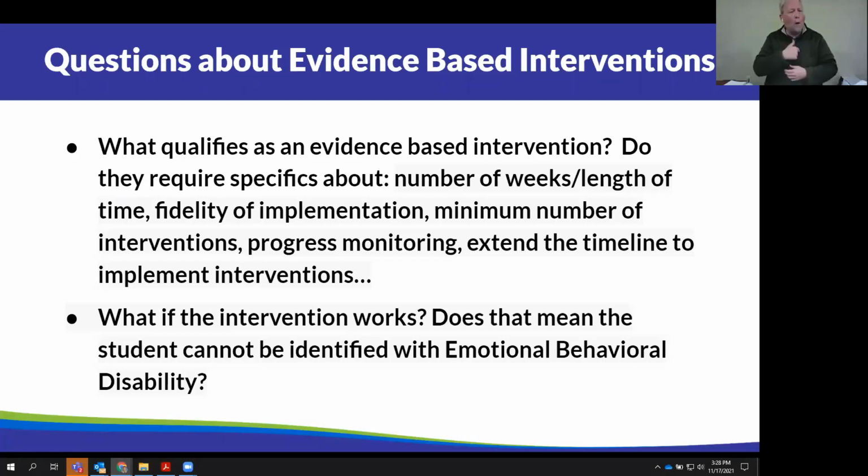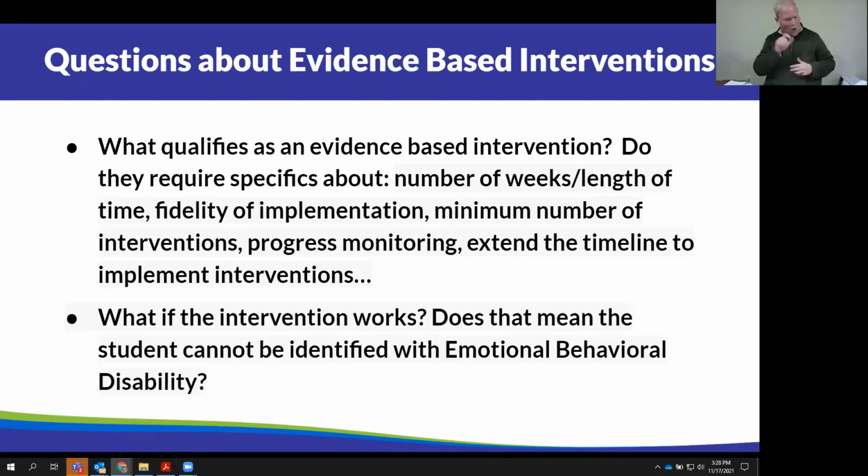You could see a scenario, though, where a team provides an intervention that's directly targeted at one of the characteristics of emotional behavioral disability to the point that the student no longer displays those behaviors at the level of intensity and frequency and duration that might qualify them for special education. So if you already have the right supports in place, the team will need to ask, do we have the right supports and interventions in place without an IEP?